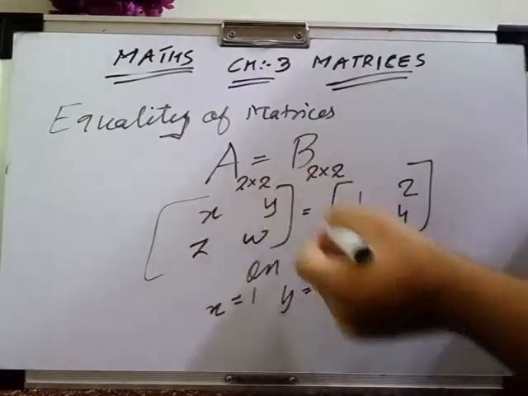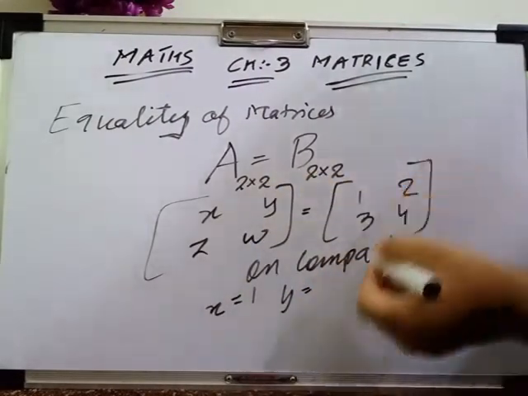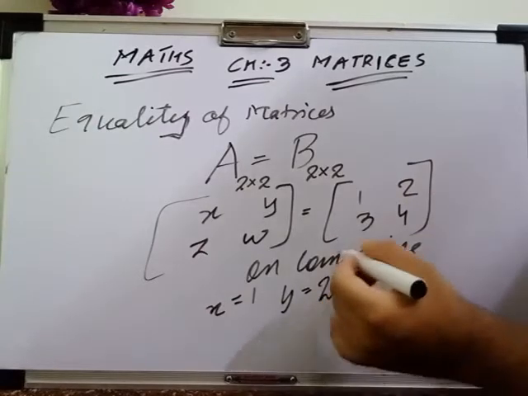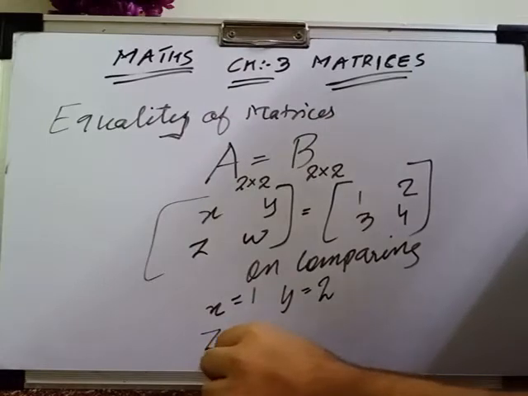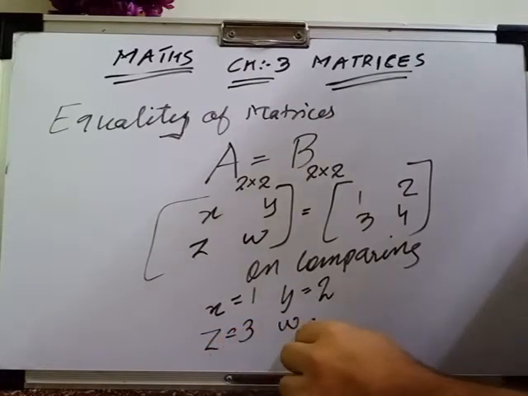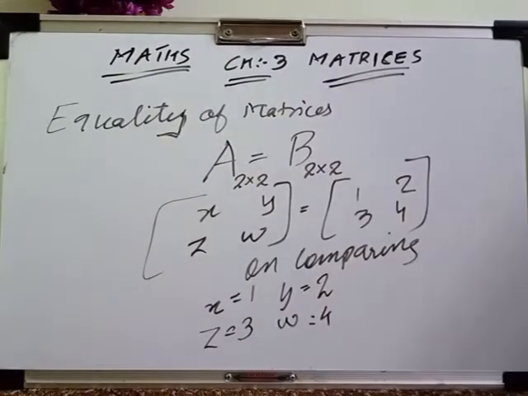Here the first row second column element is y, and here it is 2, so y will be equal to 2. Likewise z will be 3 and w will be 4. This is the equality of matrices, right?